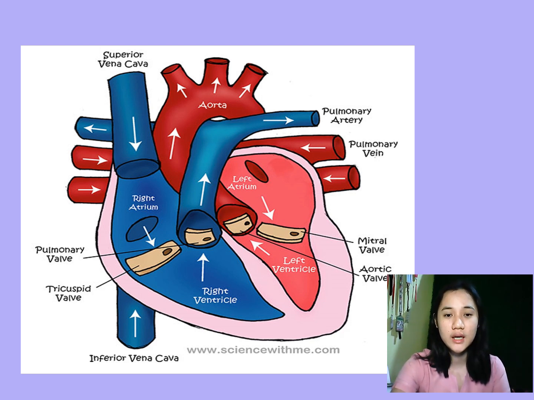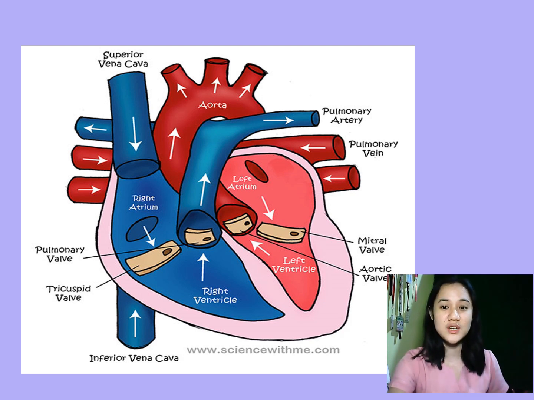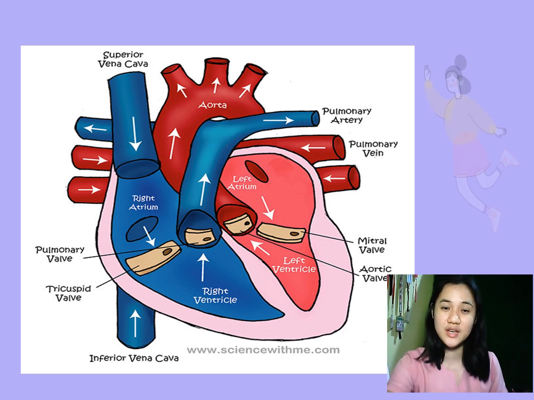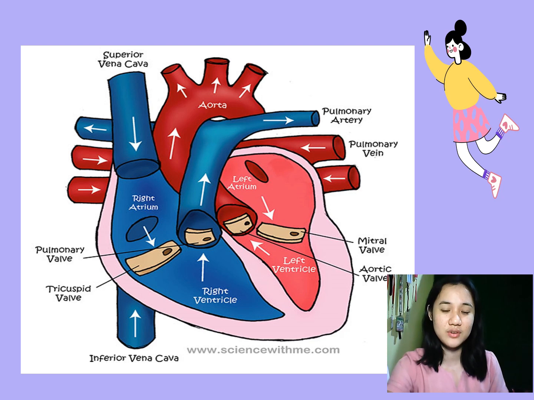And yung blood dito sa superior vena cava ay pupunta dito sa right atrium. Okay, so, siya yung receiving chamber. Then, we have the tricuspid valve. Again, valve yan, so that means it prevents the blood from flowing back. Then, we have the right ventricle.